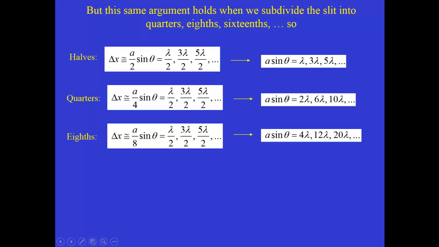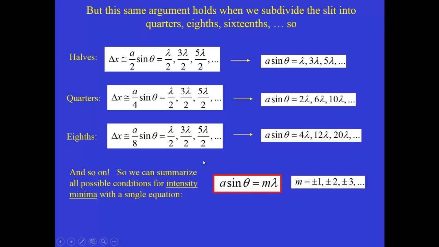So now, if you look at these, we've got 1, 2, 3, 4, 5, 6, and 7, right? You get the idea. What happens if you go on and repeat this process with 16ths and 32nds and 64ths is you end up generating all of the possible integer multiples of a wavelength on the right hand side.